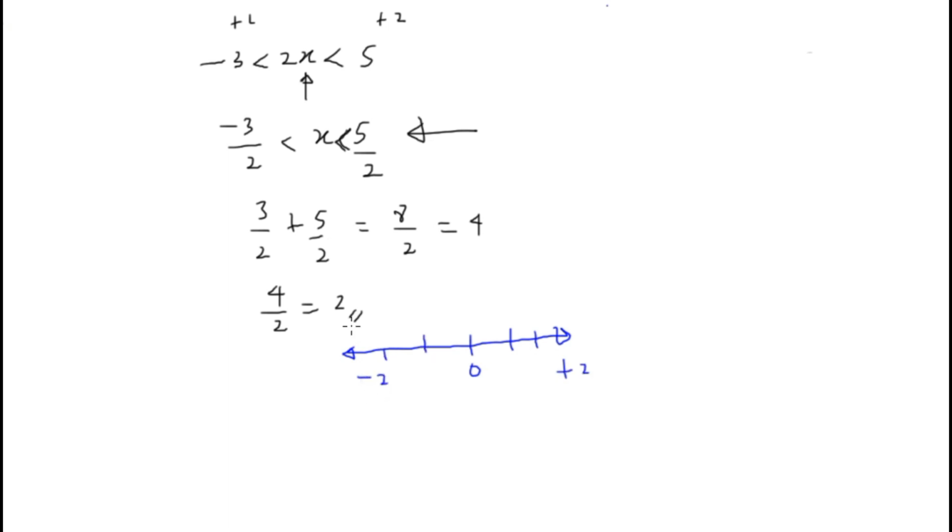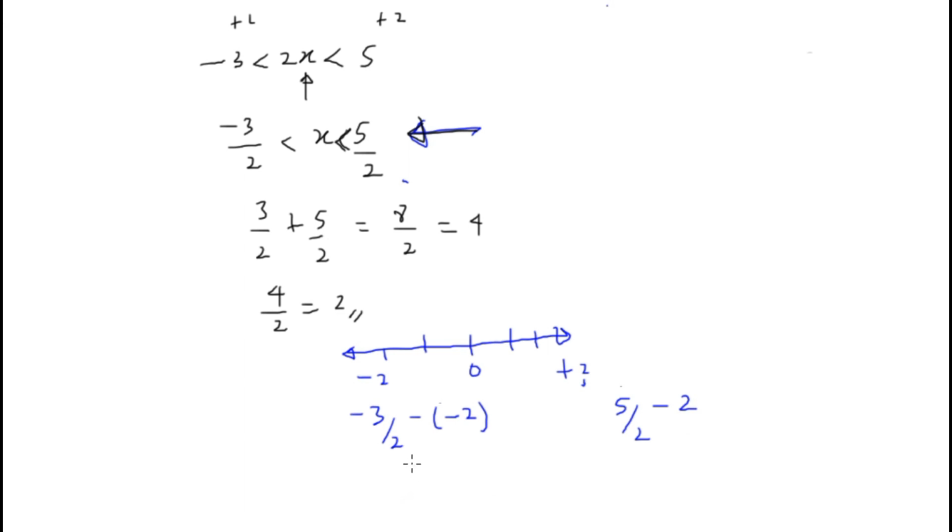So what I just need to do is make use of this inequality right here, so that I'll have minus 3 upon 2 minus 2. I just need to subtract this point from this point, and then this from this, so that I'll have 5 upon 2 minus 2, in order to get a balanced point.